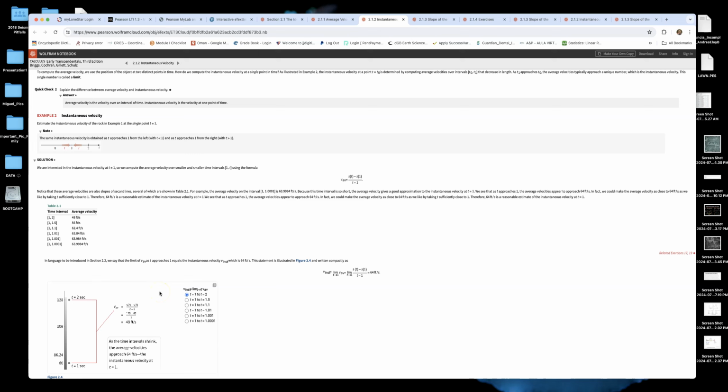So as I mentioned to you before, now we are going to compute the instantaneous velocity at some specific point. What is the meaning of that? Well, in our example that I mentioned at the very beginning of this video, if you are traveling from Houston to Austin, you want to know what is the instantaneous velocity at some specific point.